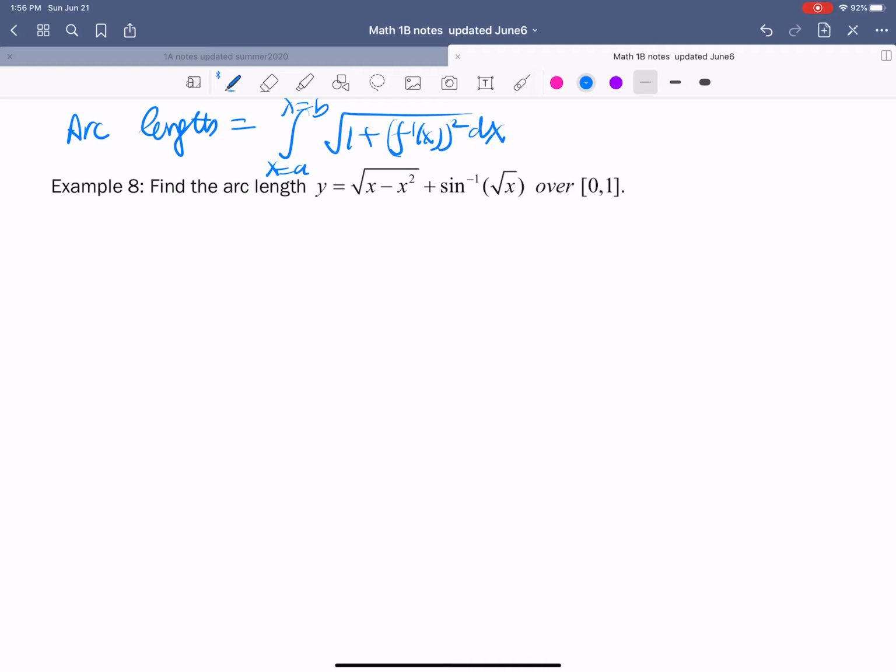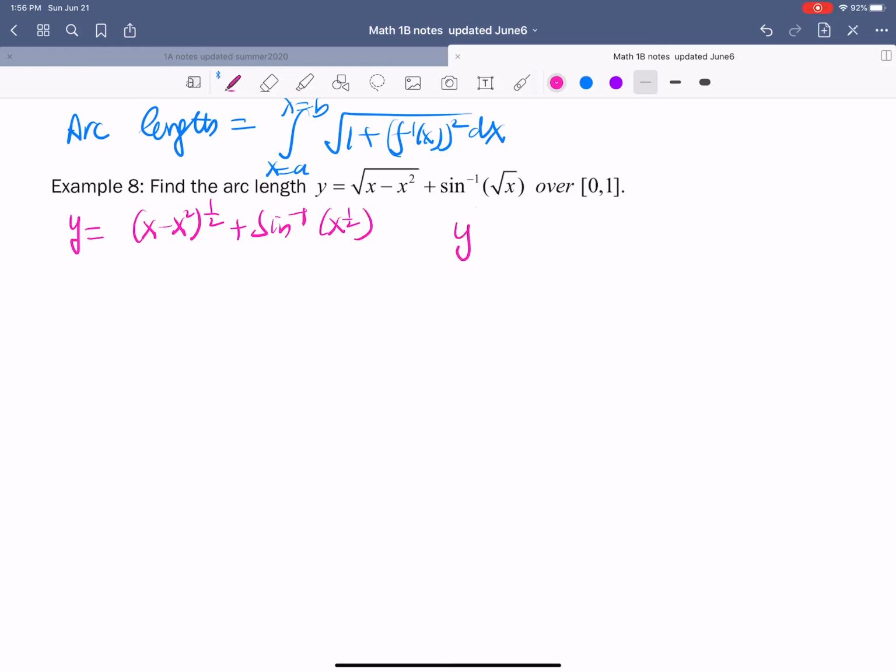All right, so y is given to me. Let's just write down the y one more time, and then we can do y prime. So y is equal to x minus x squared to the power 1/2 plus sine inverse of x to the power 1/2.